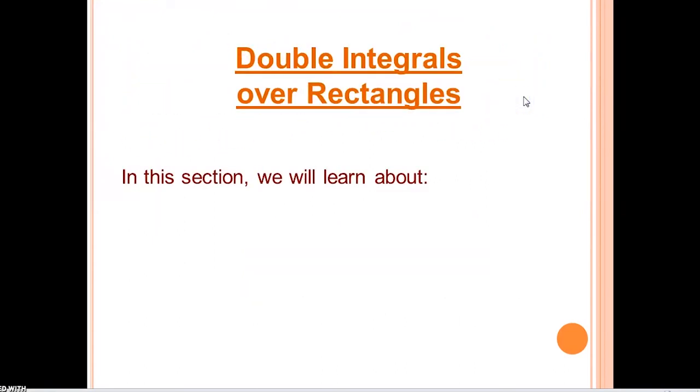Now let us have the double integral over a rectangle.